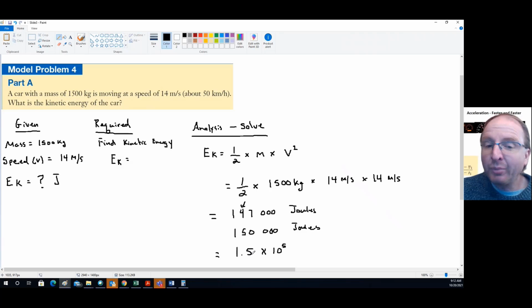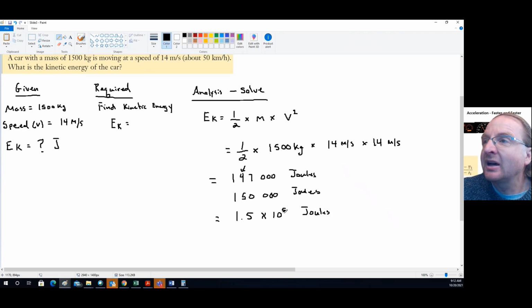So it is 1.5 times 100,000. You can check this on your calculator and definitely do that. This means 10 to the power of 5, right? 10 times 10 times 10. The nice thing is the exponent tells you how many zeros, right? So 1 followed by 5 zeros.